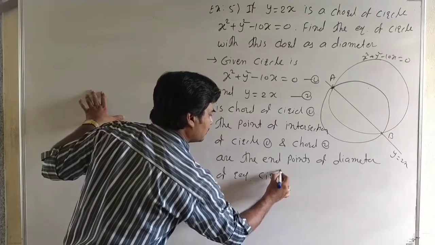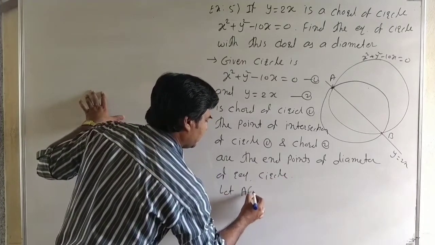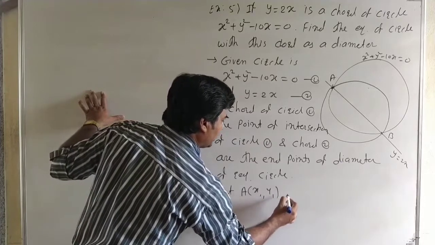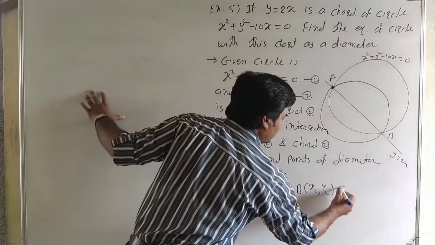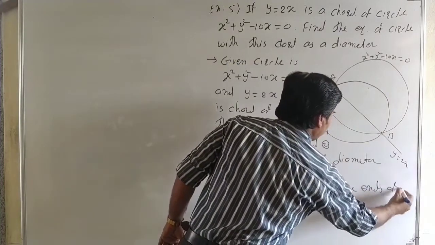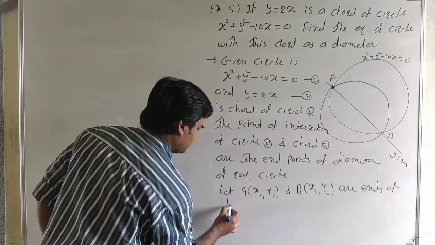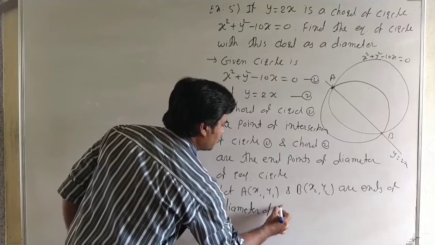Okay, see carefully. Let A (x1, y1) and B (x2, y2) are ends of diameter of required circle.